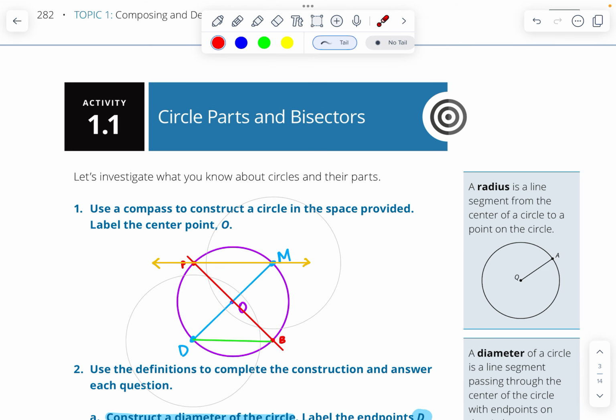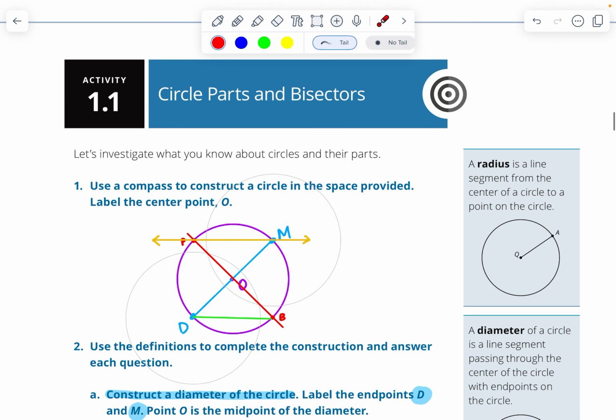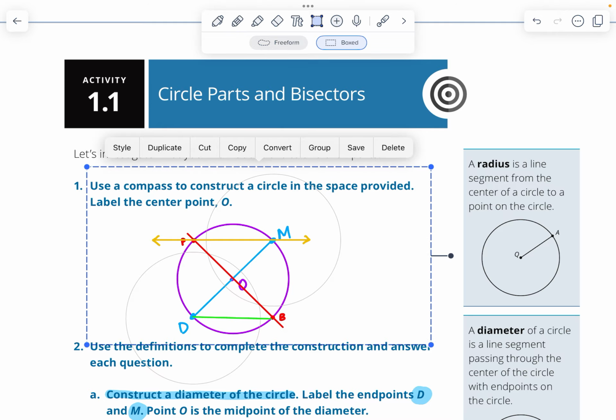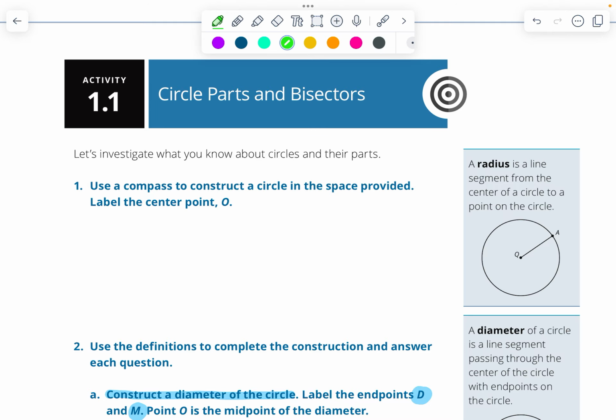Activity 1.1, circles and bisectors. So we're going to use a compass to construct a circle in the space provided, and then we'll label that O. So let me start from the beginning of this. So you're going to use your compass to construct a circle.